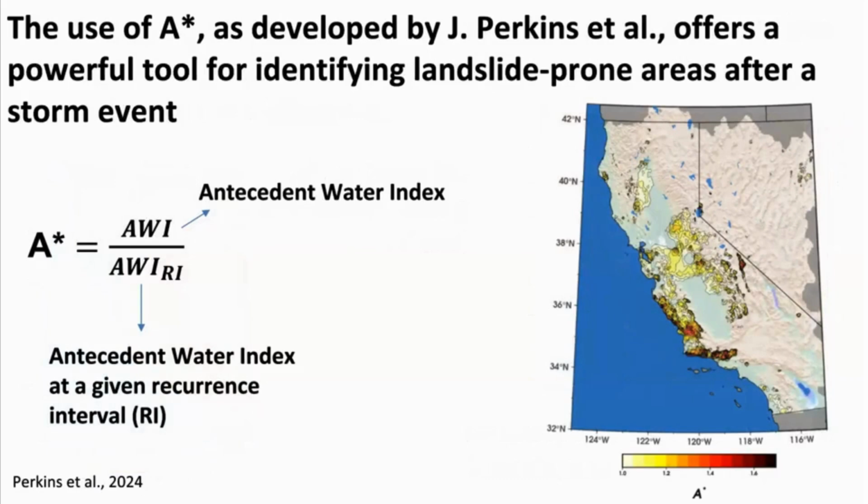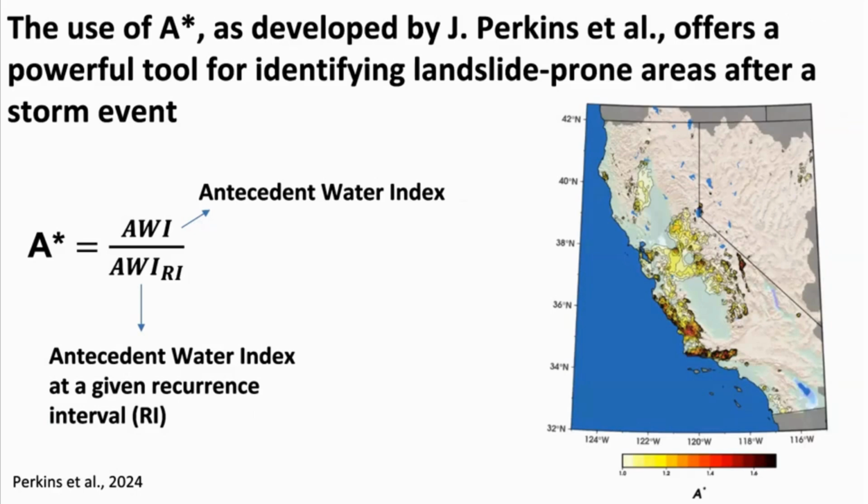So the A-star model leverages soil moisture anomalies to predict the likelihood of landslides by comparing current soil moisture to historical norms and adjusting for typical variability. The A-star model identifies areas where the soil is significantly wetter or drier than usual, indicating potential landslide risk. To calculate A-star, we use the antecedent water index, a measure used to quantify the moisture content in soil prior to a significant precipitation event.